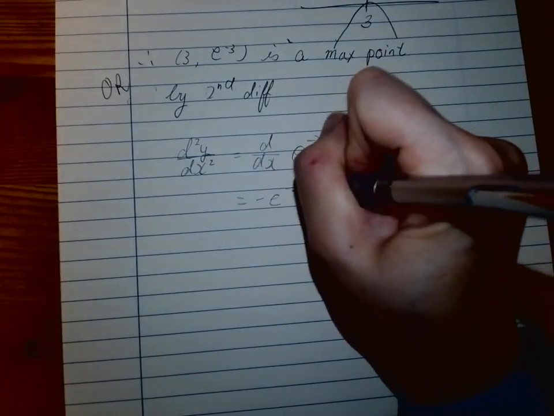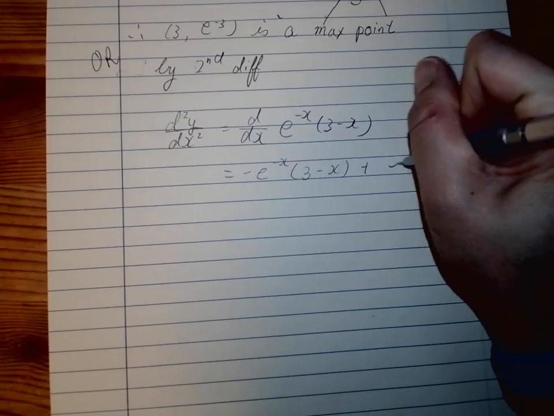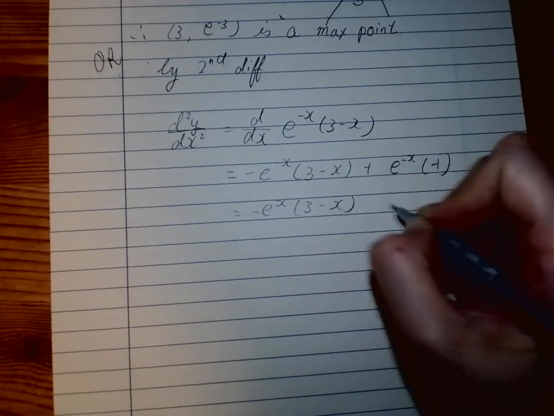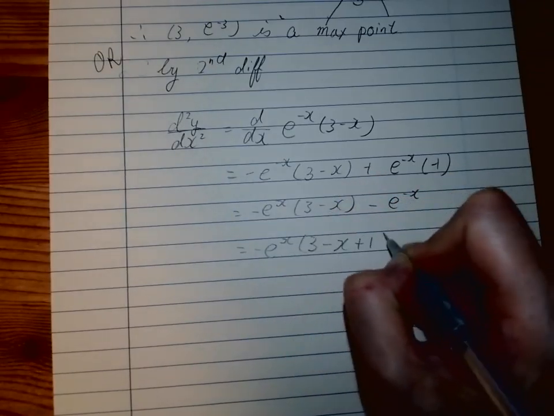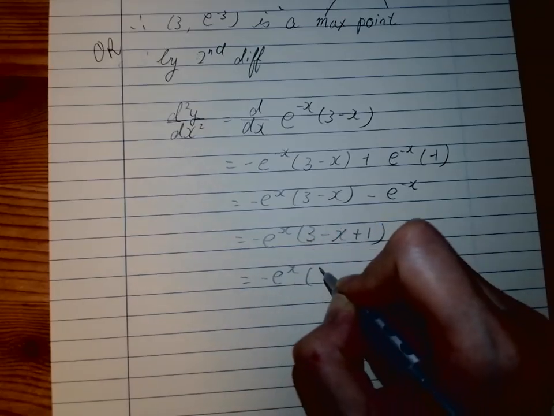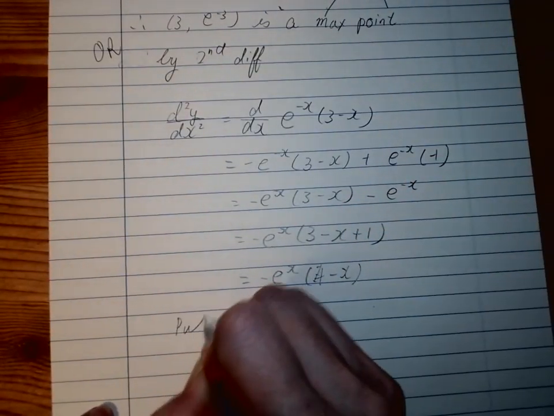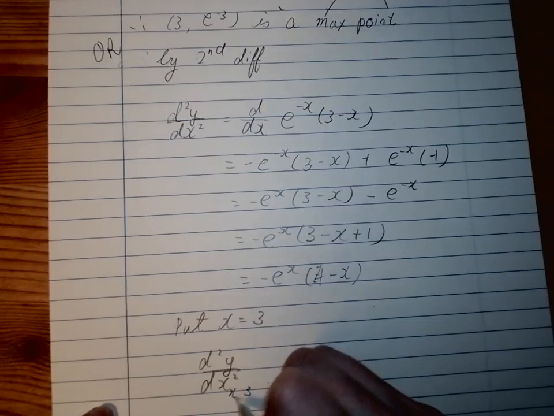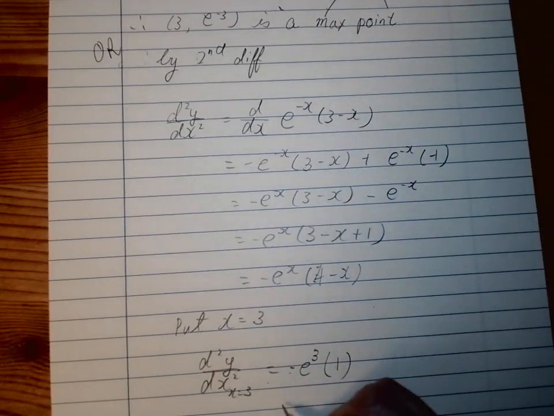Negative e to the negative x, copy whatever in the front, plus, taking the negative out, three plus 1 is 4, and then we put x equals to 3, so d squared y over dx squared at 3 would be equal to, and that is a negative number, therefore it's a maximum.